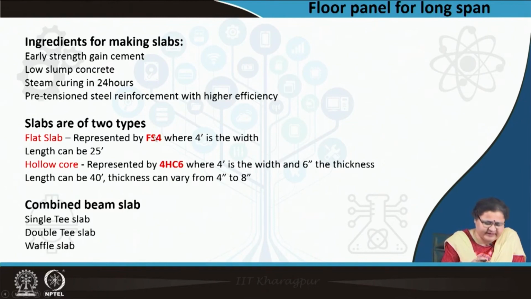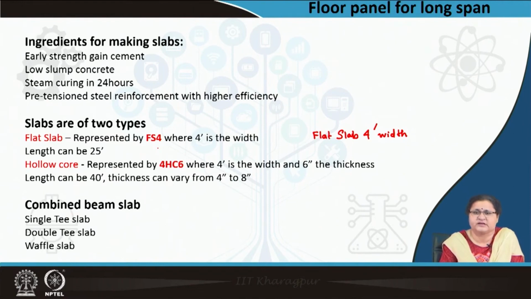FS is flat slab. F stands for flat and S L A B, slab, of which again you see 4 is the 4 feet of its width. So if you go by code, you will find FS4, that means it is a 4 feet width flat slab.